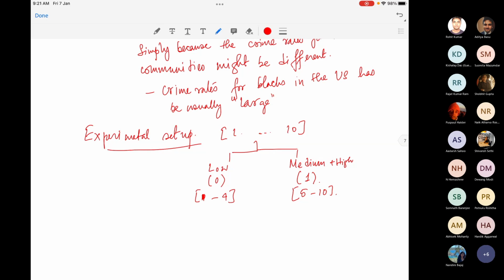Now they used a very simple logistic regression model to predict low versus high. Okay. Now you need features, right?